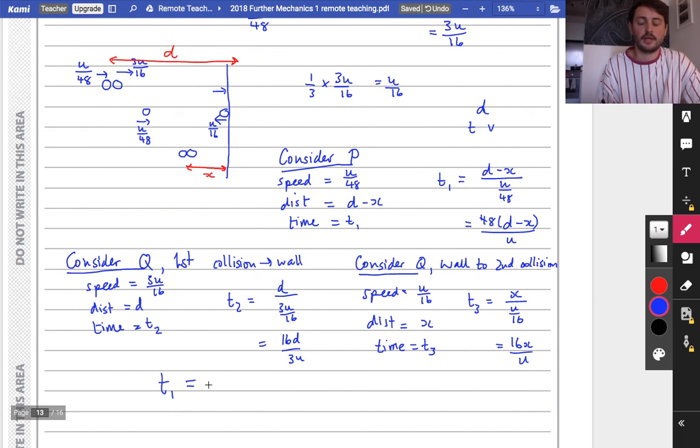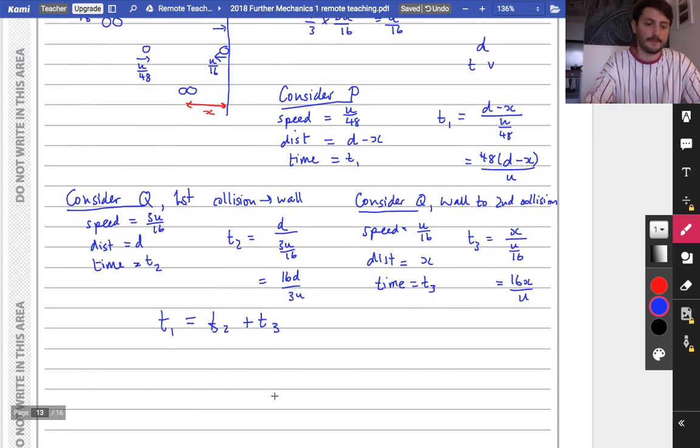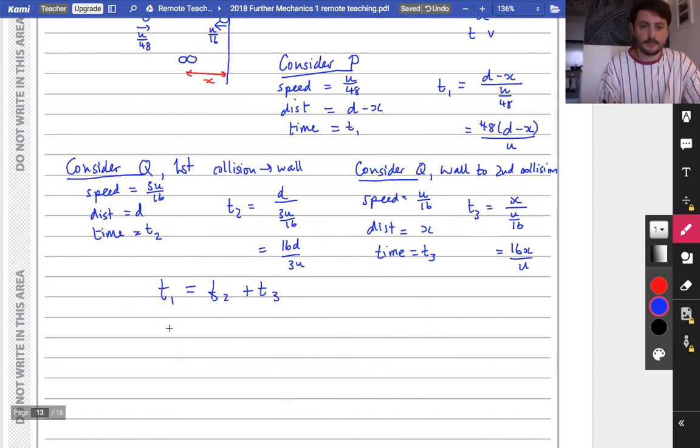In other words, the connection between t1, t2 and t3 is that t1 is equal to t2 plus t3. So, t1 is 48 times d minus x over u. t2 is 16d over 3u. And t3 is 16x over u.